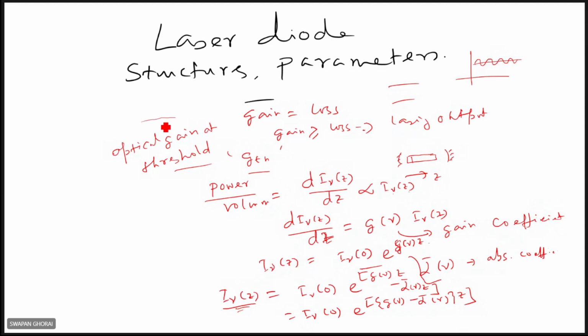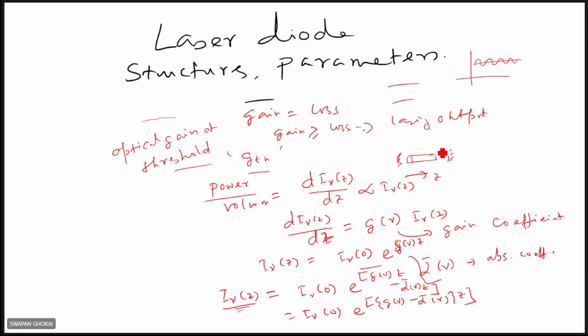Let us see how this expression is the same for all the lasing devices, but since we are considering semiconductor lasers, we'll see how the threshold current is determined, and which parameters determine the threshold current, right? To get the optical gain at threshold, let us consider a resonator.